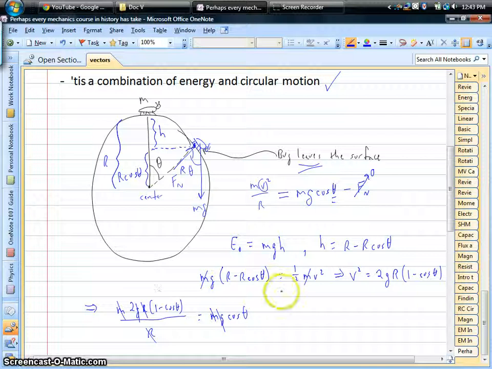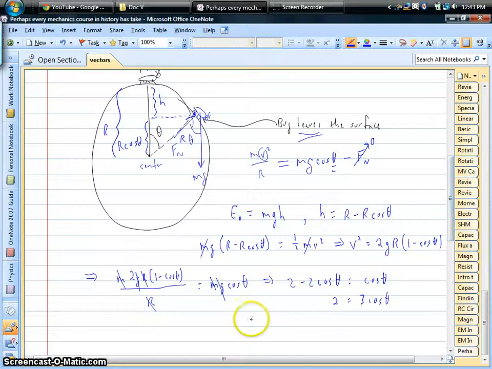Now let's figure out the cosine. On the left-hand side, we're left with 2 minus 2 times cosine, and that's equal to cosine of the angle. Or 2 is equal to 3 times the cosine of the angle. And now we have our answer. Cosine theta is 2/3. If you punch it into a calculator, it's somewhere in the neighborhood of 48.1 degrees.